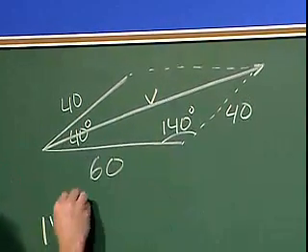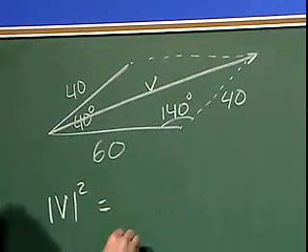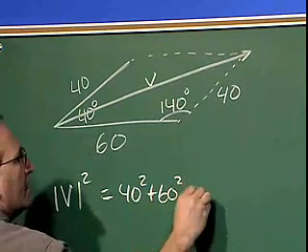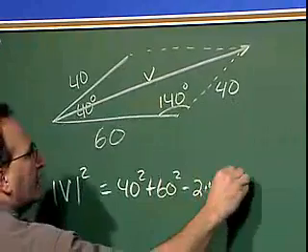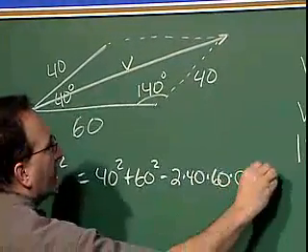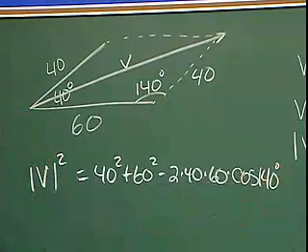So we would set the problem up that the magnitude of vector v squared is equal to 40 squared plus 60 squared minus 2 times 40 times 60 times the cosine of 140 degrees.